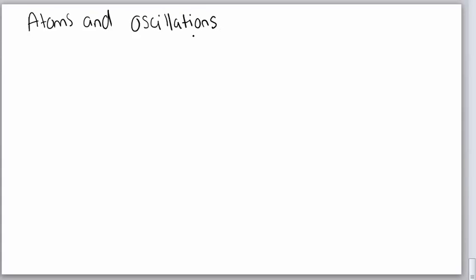In the previous lecture we talked a lot about cantilevers and beams, and now we're going to talk about the interactions between atoms. We're going to focus on a pair of atoms that are bonded together as a molecule, and we're going to restrict their motion only to the x-axis.